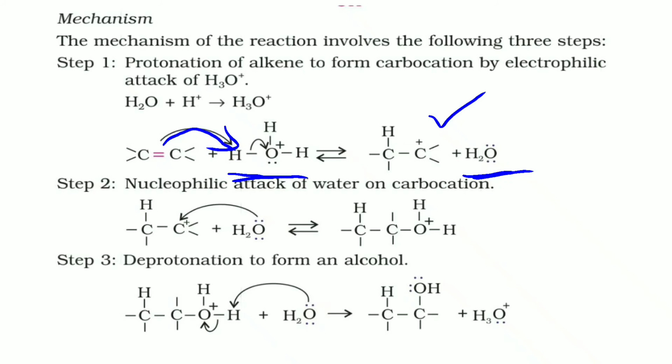In the next step, since carbocation carries the positive charge, the lone pair of electrons of oxygen attacks the carbocation, so water will act as a nucleophile. So that is why in the second step, nucleophilic attack of water on carbocation.